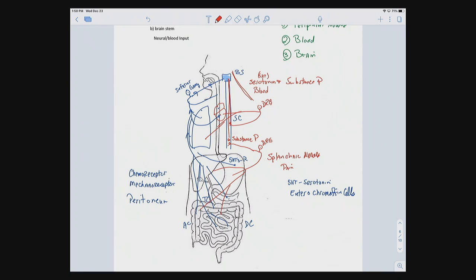So I had mentioned earlier that substance P is associated with pain processing in the central nervous system, but substance P does a lot of other things.